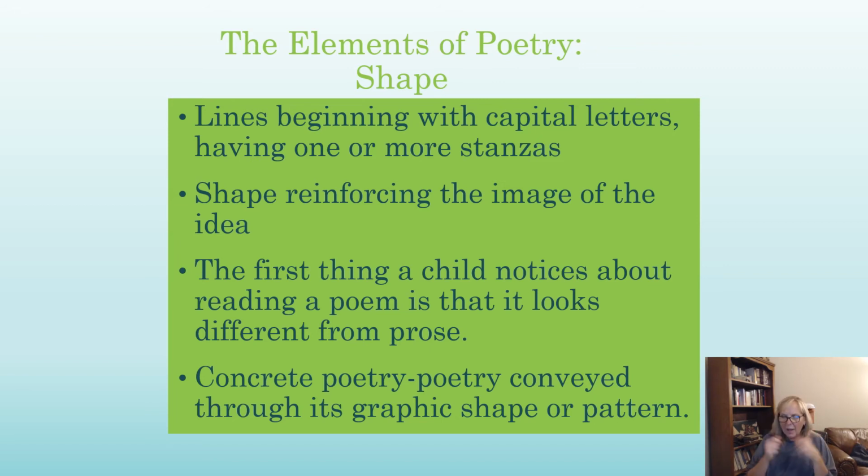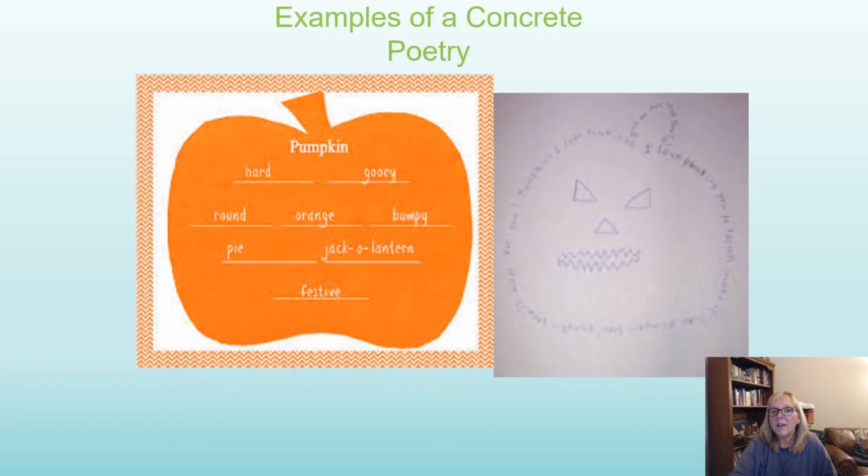If we're talking about concrete poems, they're actually done in the shape of what the poem is generally about. Page 86 talks a lot about examples of concrete poems, and here's two different ways to do it. For example, they've actually got the poem over here on the side where you've got pumpkins, and this is a pattern poem, of course.